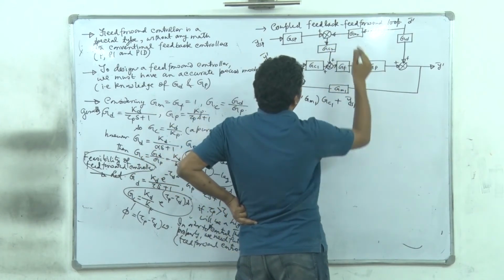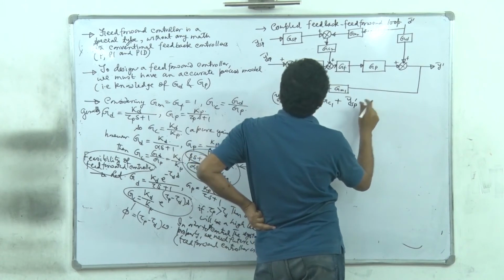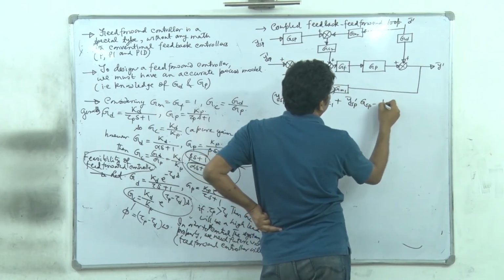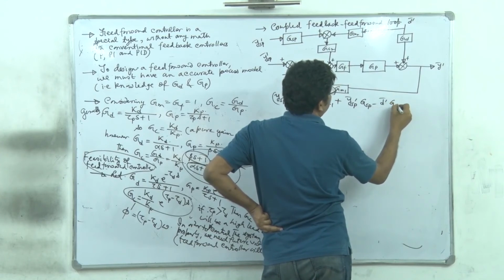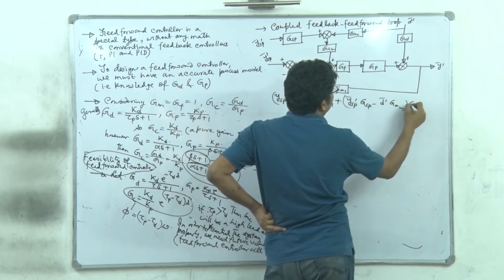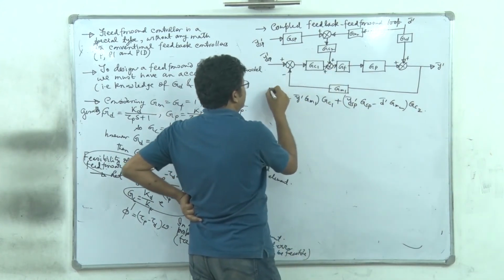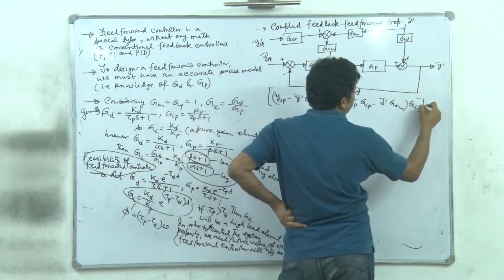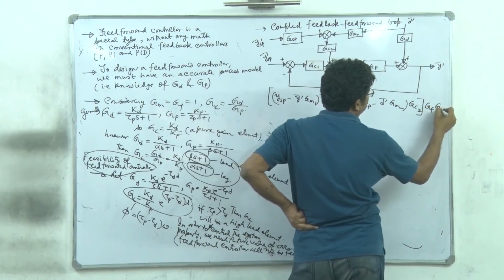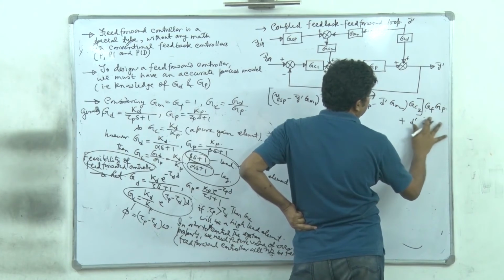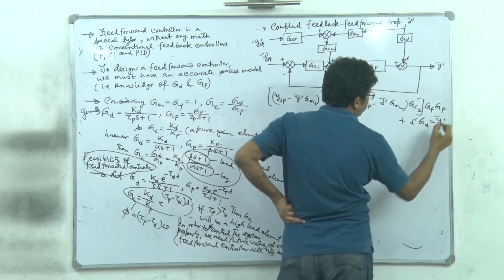YSP prime into GSP minus D prime into GM2 whole bracket GC2. These two are being added. So totally they are multiplied by GC, GF and GP. Then it's being added with D prime into GD, giving Y prime bar.